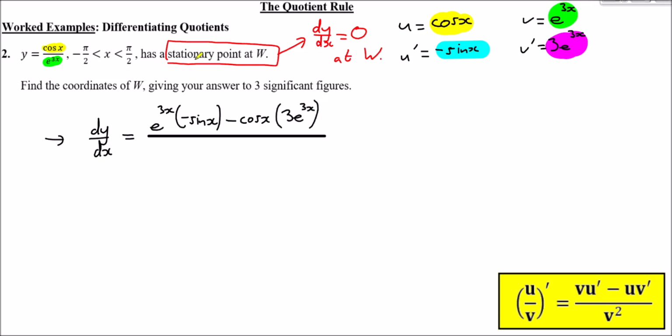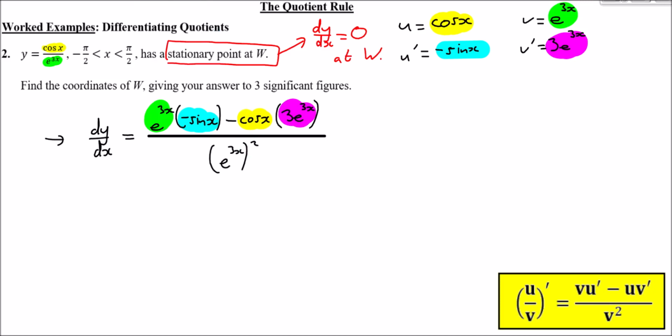So a bit of colour doesn't hurt things to go along nicely. So v was e to the 3x, u dashed minus sine x, minus u, which is cos x, multiplied by v dashed, which is 3e to the 3x. And all of that is going to be divided by v squared, which is going to be e to the 3x all squared.